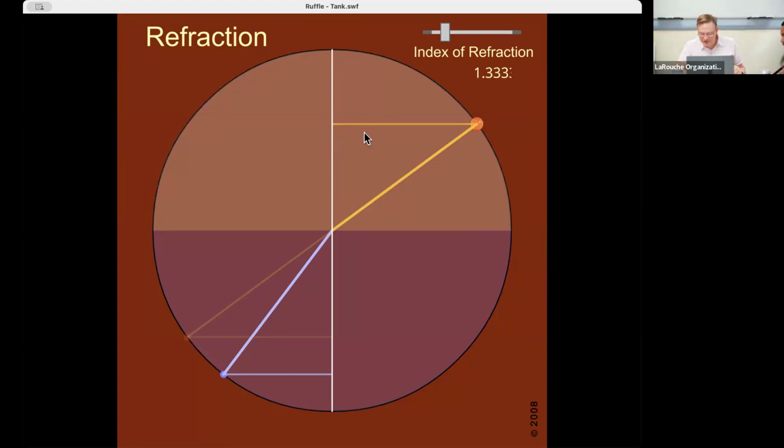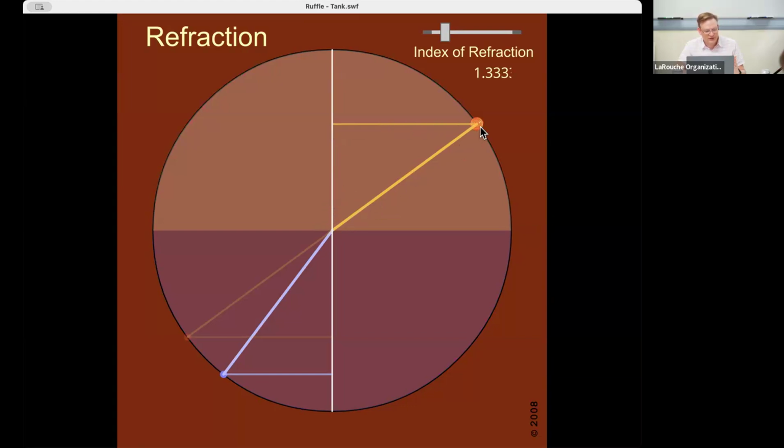I want to express this in another way. The way you would have seen this in a physics book, where they describe this as Snell's law, and more later on why we call it Snell's law, is that this horizontal line up here is the sine of this angle. It's called the angle of incidence in a physics textbook. The sine is the opposite side on the triangle here.